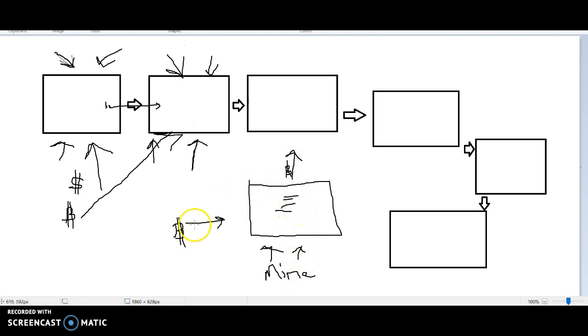So there's basically 1, 2, 3 parties confirming this transaction. This makes the blockchain extremely, extremely secure. This is why Bitcoin is nearly, well, it's impossible to manipulate. It's impossible to hack.